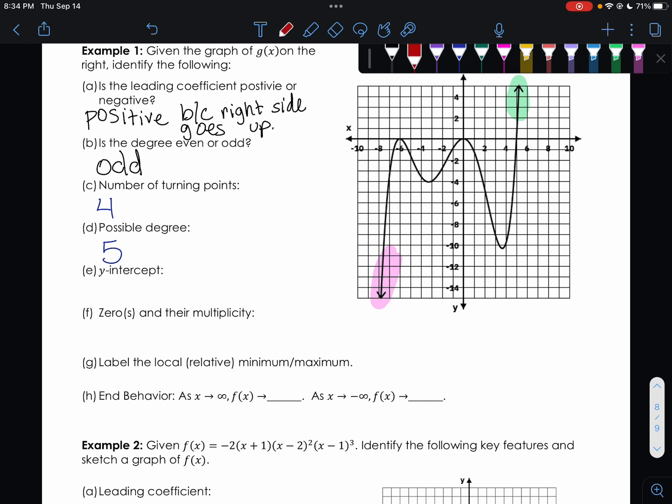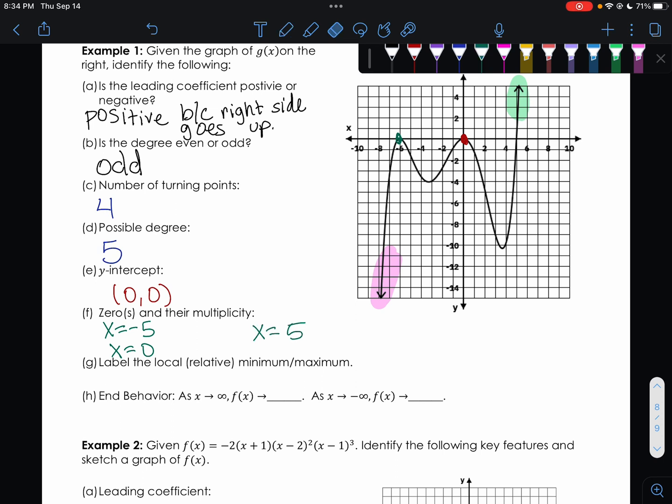Okay, the y-intercept is where it crosses the y-axis, which is right there. The x-intercept is where it crosses the x-axis, so I have it at -5, I have it at 0, and I have it at +5.